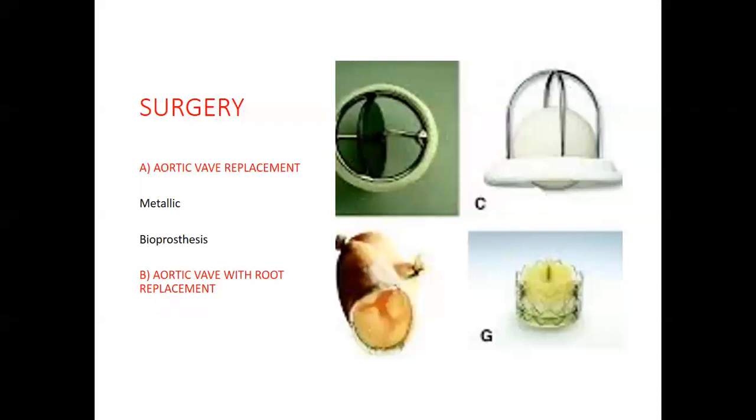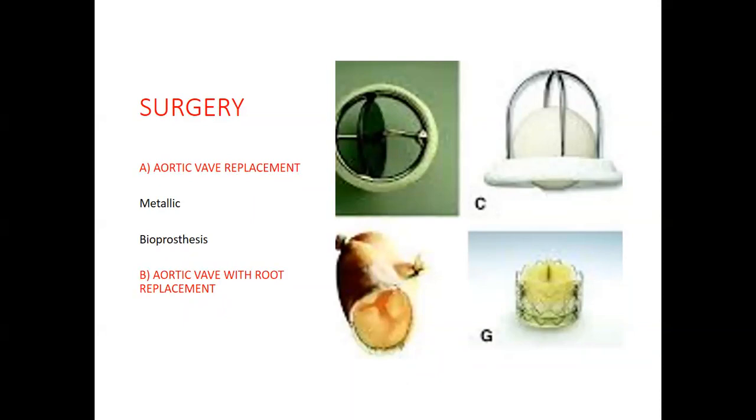For mild disease, you have to follow the patient, and for moderate disease, you can put the patient on some medical management. One is prophylaxis for rheumatic fever, and definitely in patients who have congestive features, you prescribe diuretics, and in patients who have severe aortic regurgitation, you can put the patient on vasodilator therapy as well.